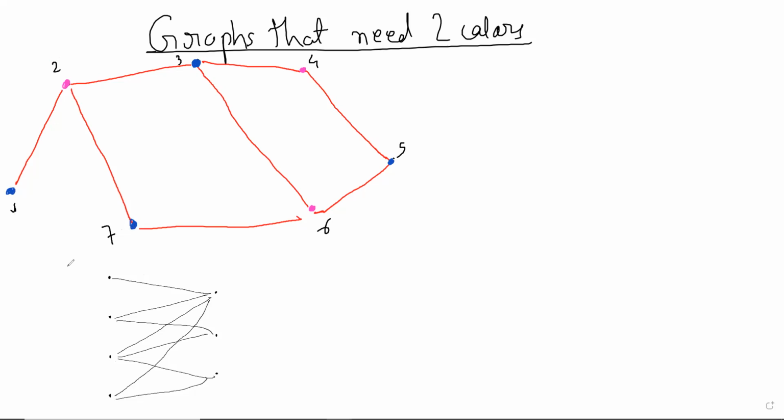How can you explain it in an elegant way without actually going through the exact process of coloring? Is there an elegant way to explain it? Two colors.